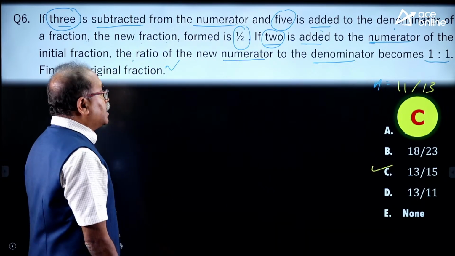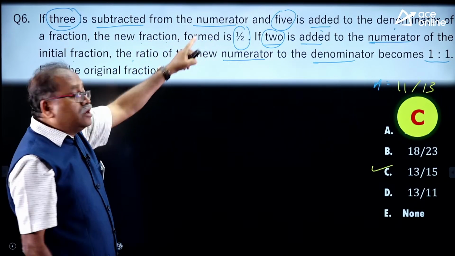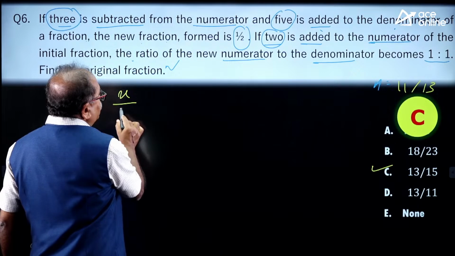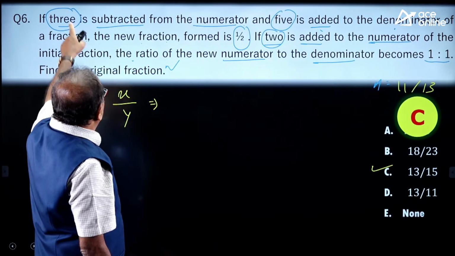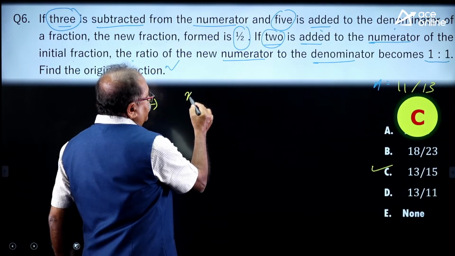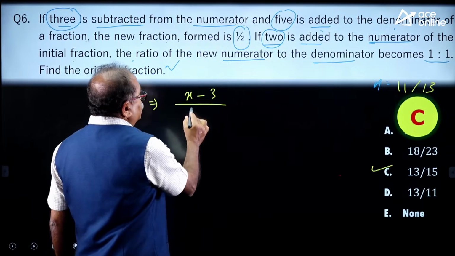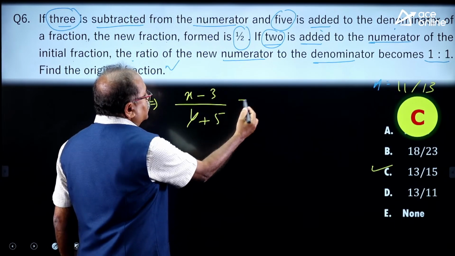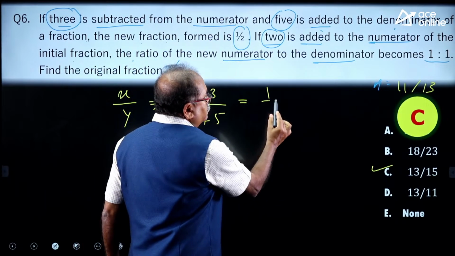How to answer the question? It is said that 3 is subtracted from the numerator. I'll take the initial fraction as x by y. So x minus 3, and 5 is added to the denominator, so y plus 5. In that case, the fraction becomes 1 by 2.